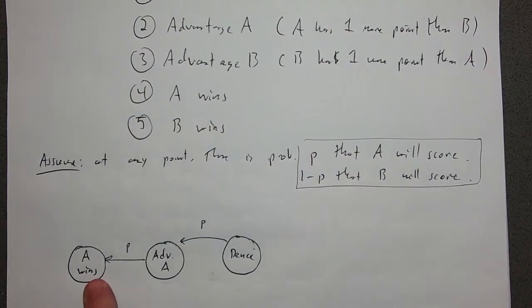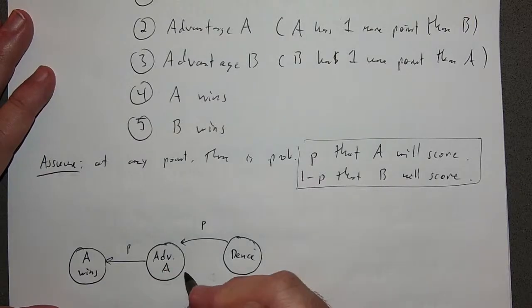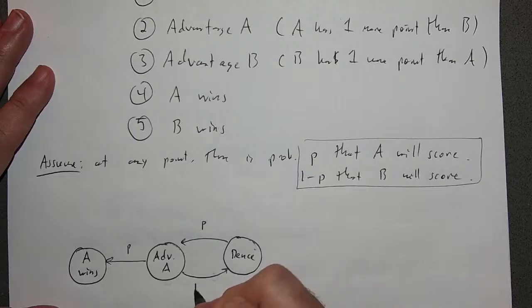If A wins, the game is over, right? But from advantage A, if B scores, which happens with probability 1 minus p, that takes us back to deuce, right?